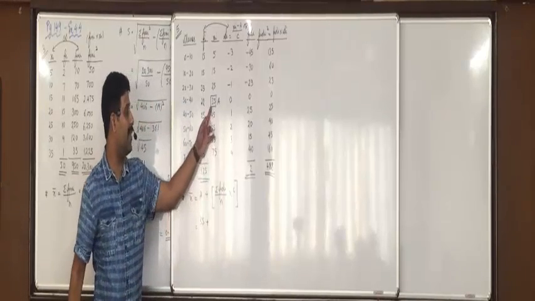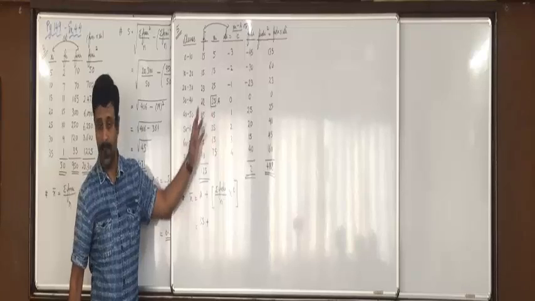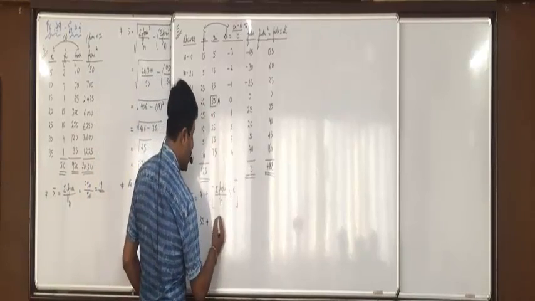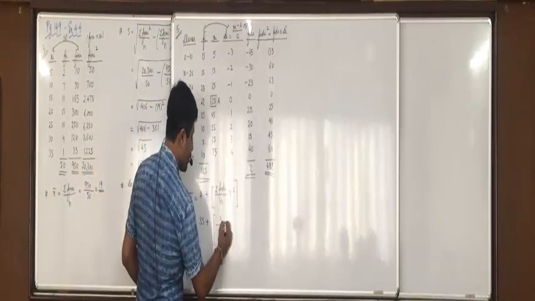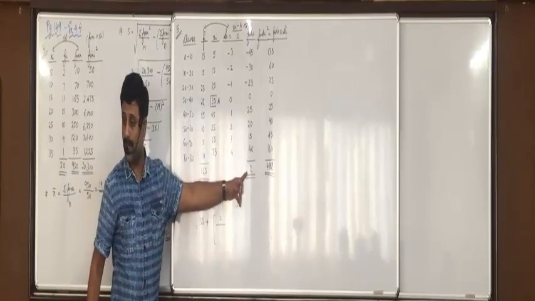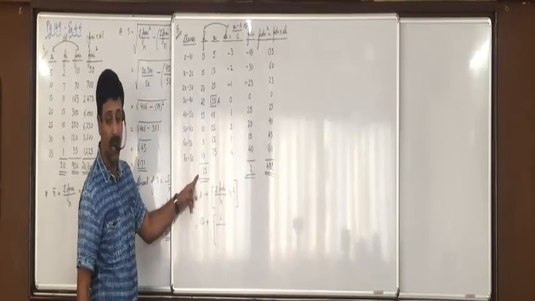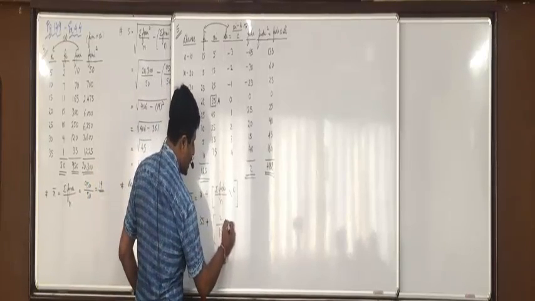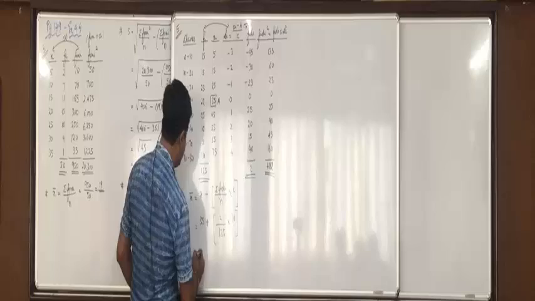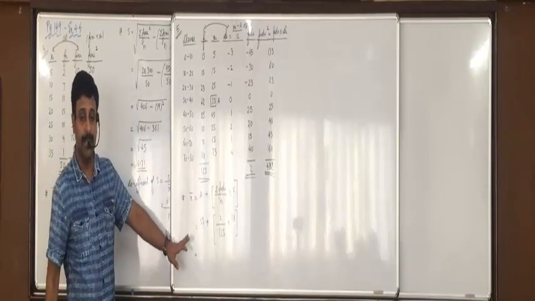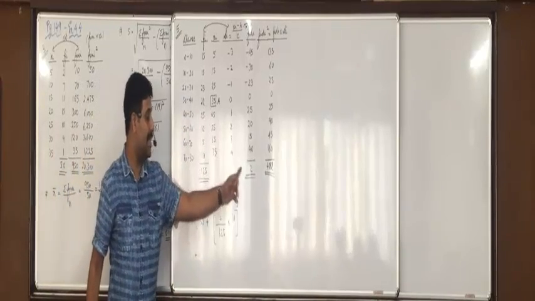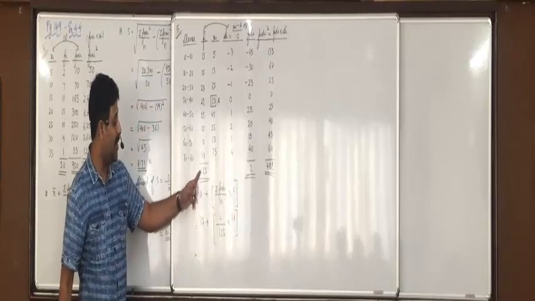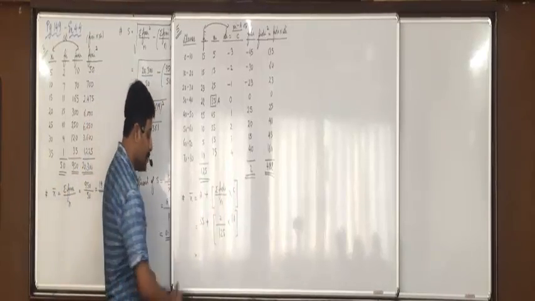Sigma Fi di is 2, n is the total of Fi, that is 125, and class length is 10. Any confusions?